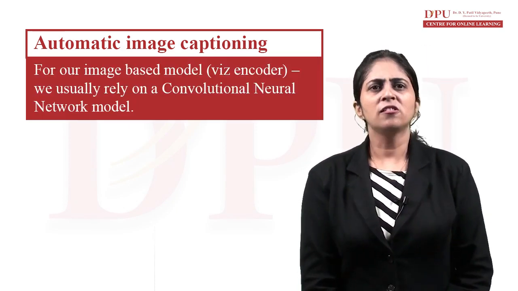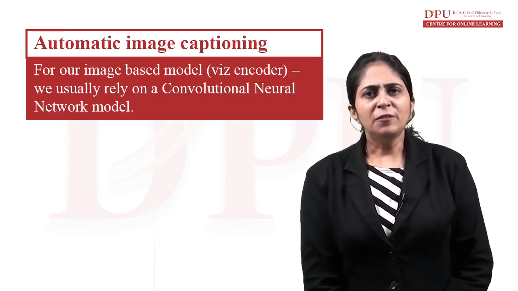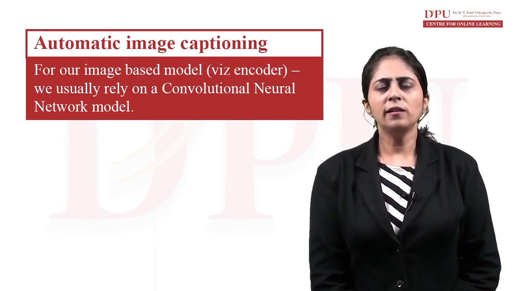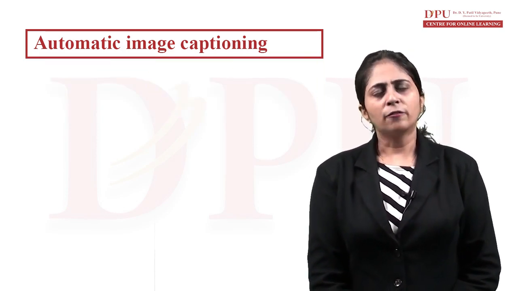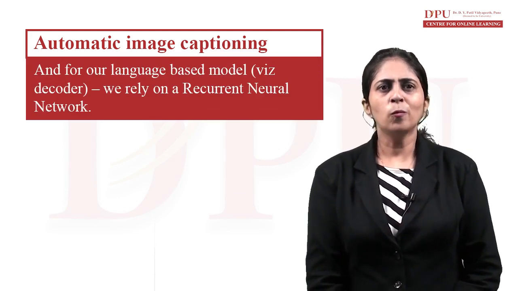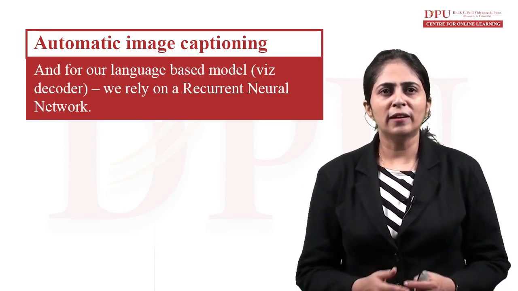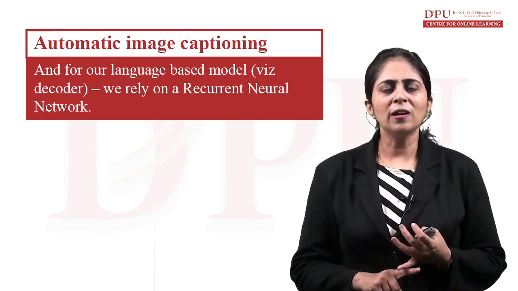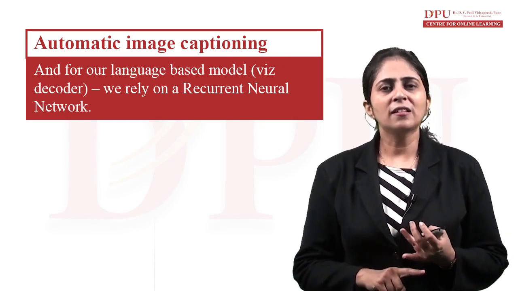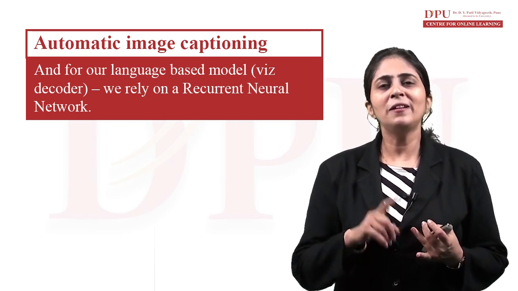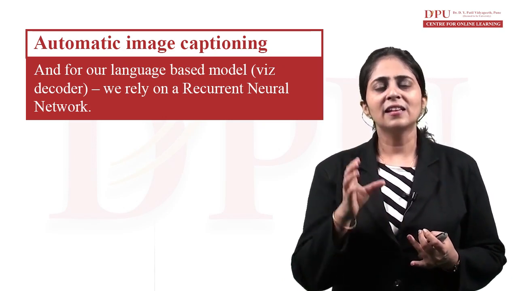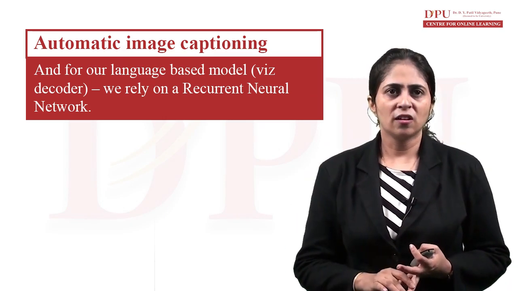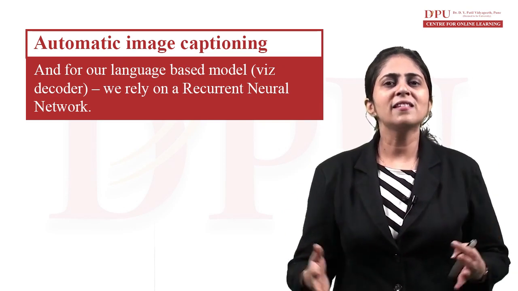For the image-based model, we usually rely on the convolutional neural network, and for the language-based model, we rely on the recurrent neural network. So basically we have here two things. When we were discussing convolutional neural networks, we discussed that CNNs are basically used for image classification, where we need to categorize our images.